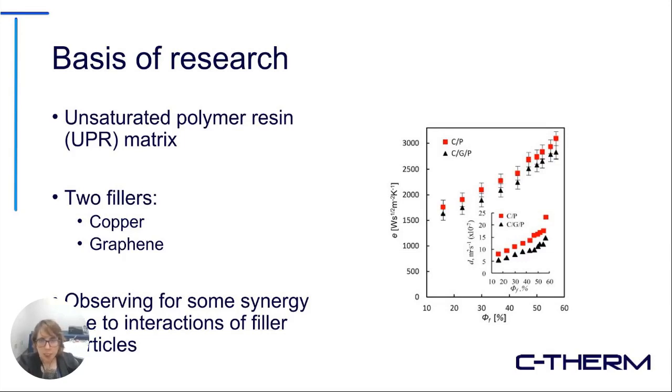And you can see some effect on the right hand side, looking at the thermal effusivity, as one-dimensional heat transfer is actually very important to the end use goal for these researchers. They intended to use this in an electronic device where the heat transfer would be approximately one-dimensional.